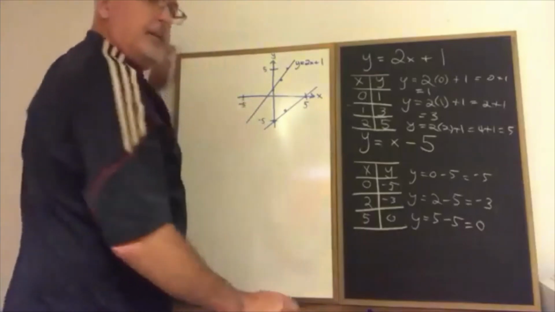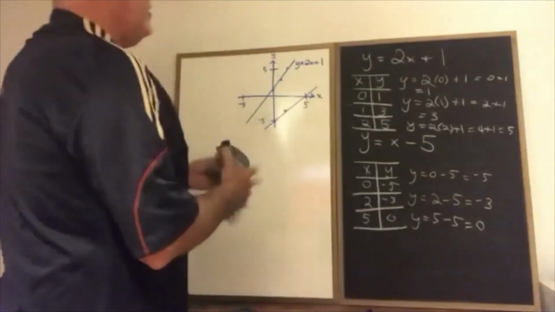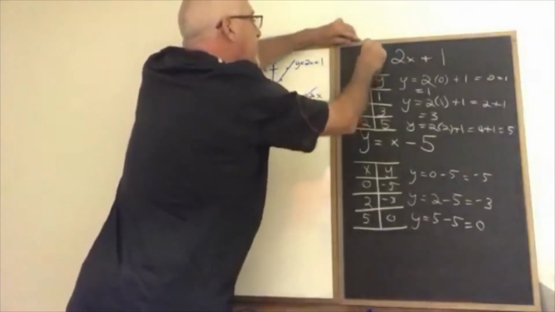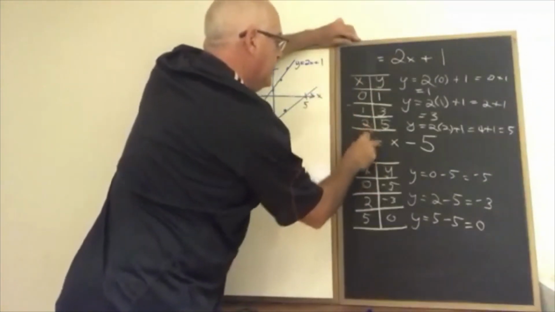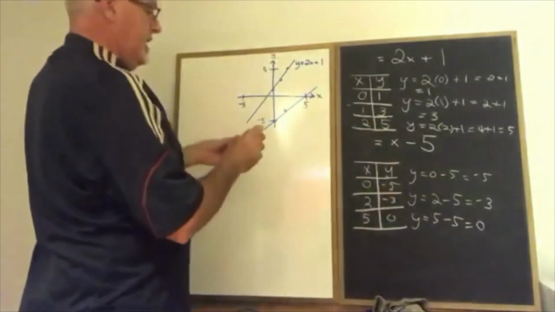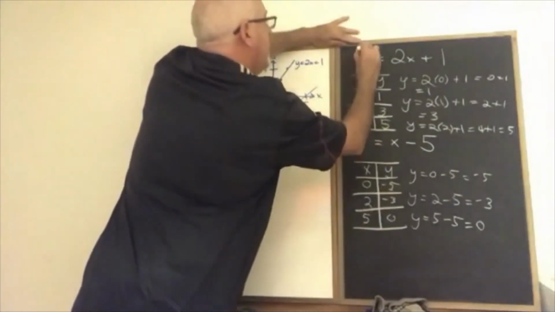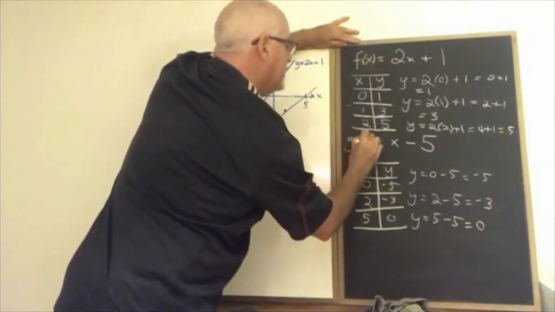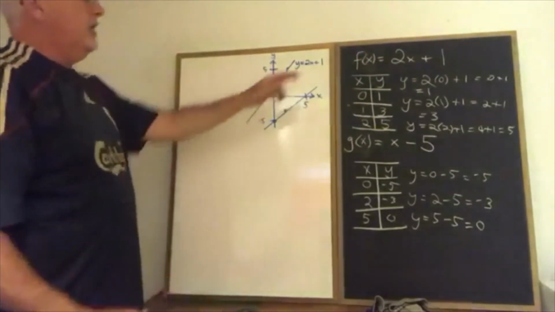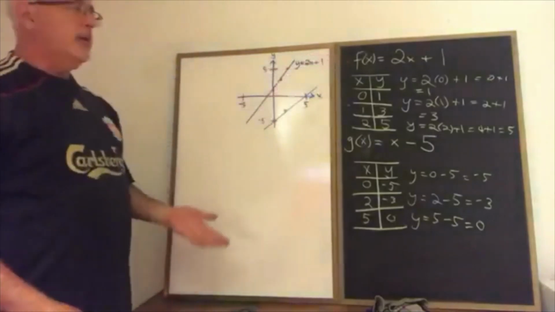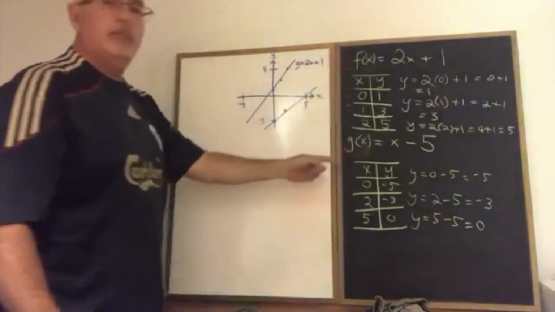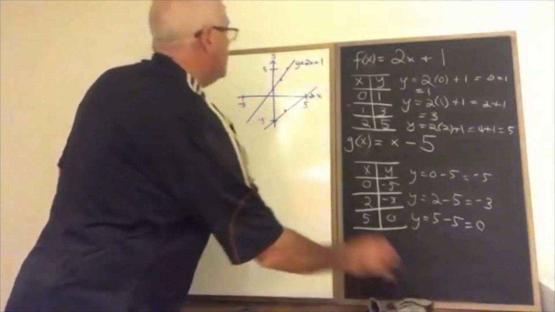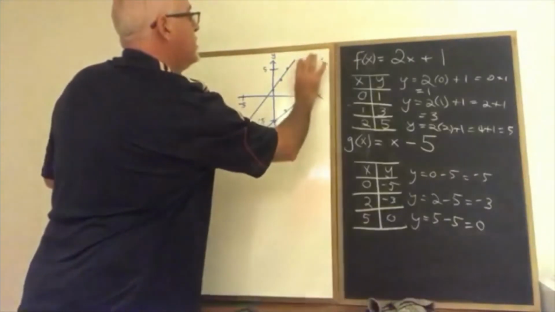I can change the name of the function a little bit, change the equation, what it looks like, by removing these y's and renaming them as f of x and g of x. So one of the useful things about this little functions notation is it allows me to give different names to the different equations, and that can make it a little bit faster to label the equations on the graph.